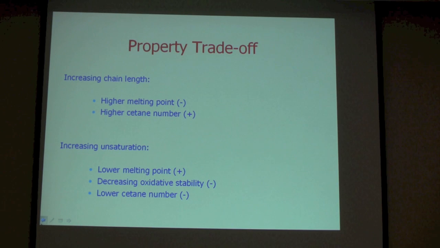Increasing unsaturation lowers the melting point, which is nice for cold flow, but you decrease the oxidative stability and the cetane number. So that has been one of the quandaries of biodiesel: trying to improve these properties, because improving one might actually worsen another. So, next slide, please.